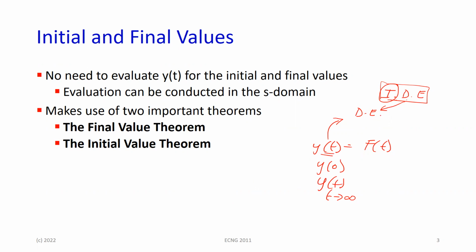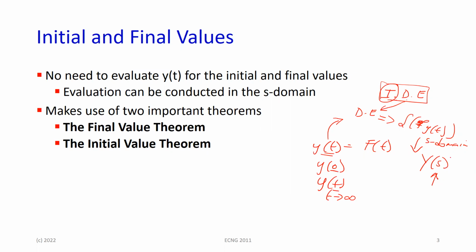Well, what we did was take the Laplace transform of y(t), and this would now give us our Y(s). And in here now, in the s domain, maybe we can look and see how this business of the initial behavior and the final or steady state behavior plays out.